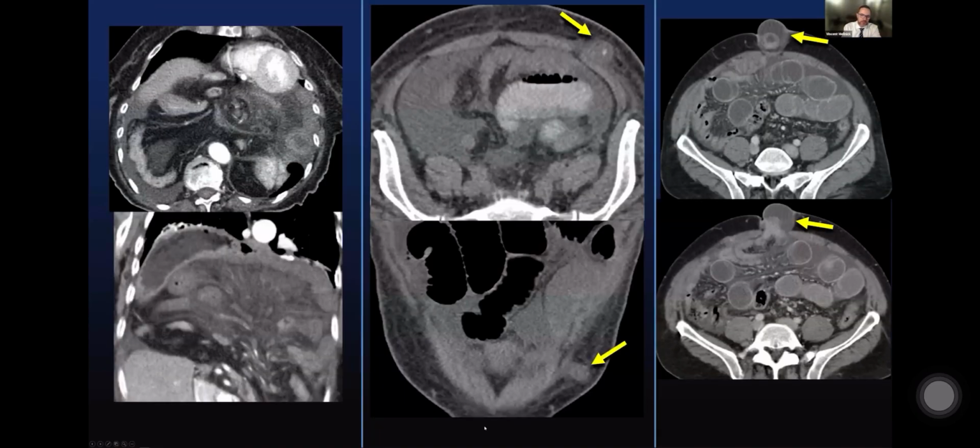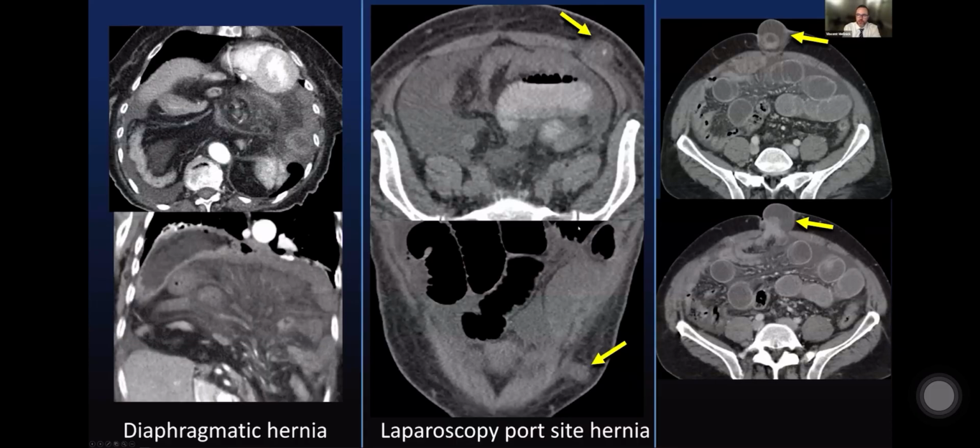And of course, I could spend the entire talk talking about various types of abdominal wall or abdominal hernias that can cause small bowel obstruction. This is a patient with a massive diaphragmatic hernia containing not only obstructed but ischemic small bowel. This is a more subtle small bowel obstruction occurring at a laparoscopy port site.